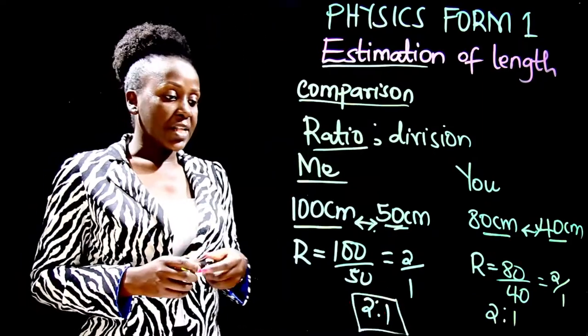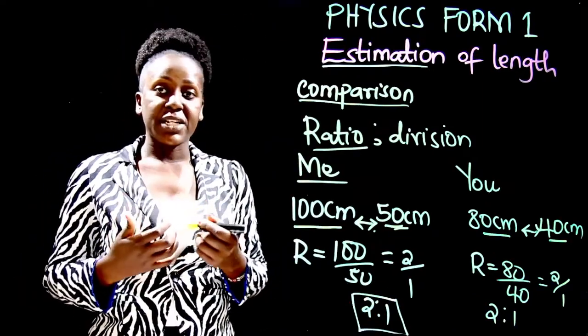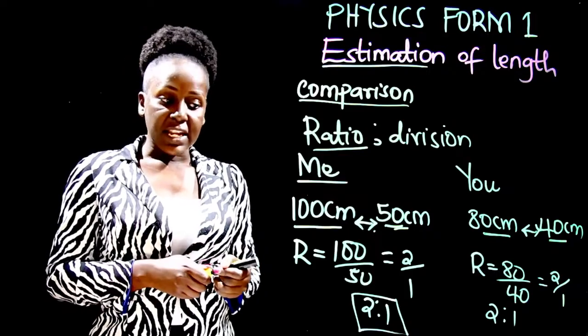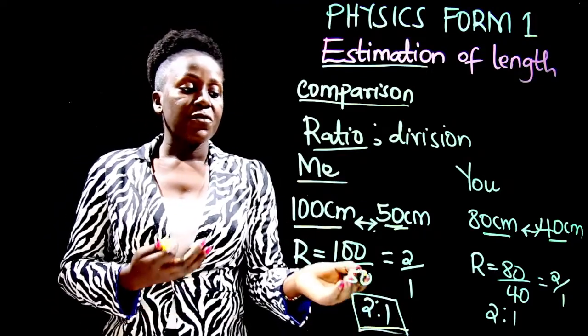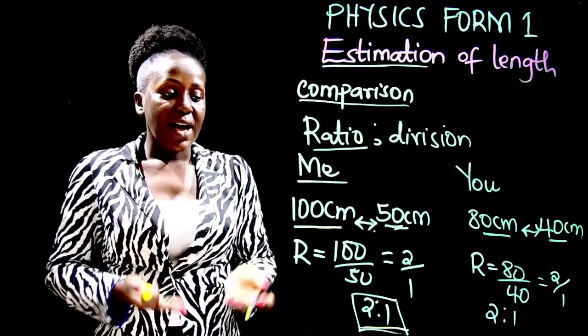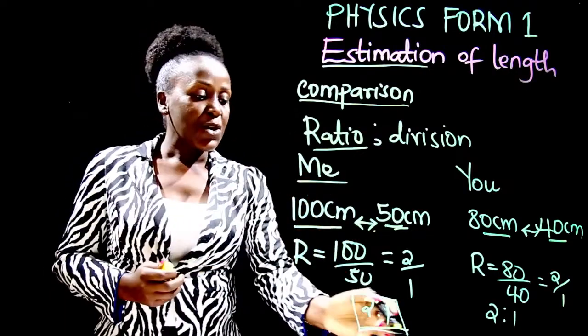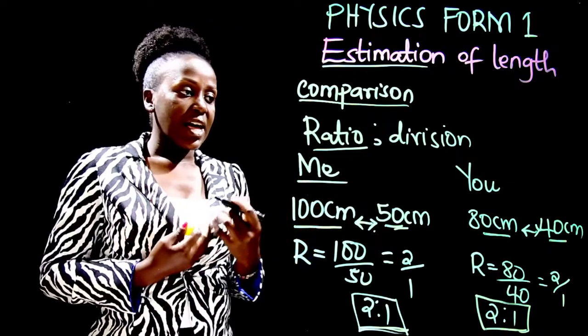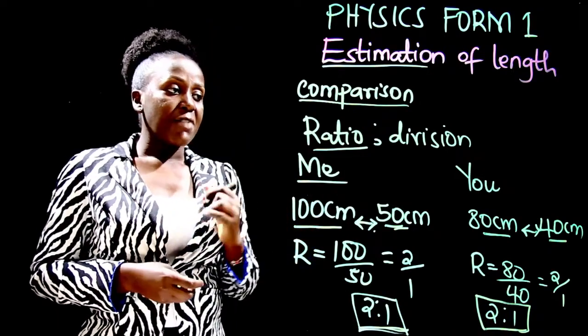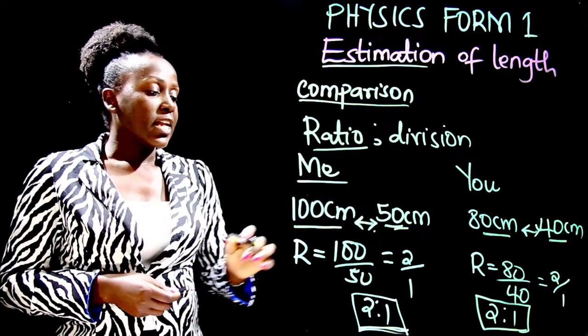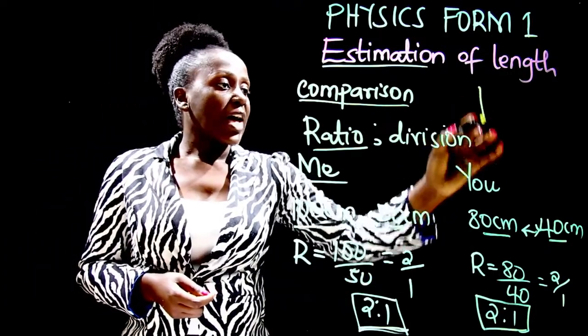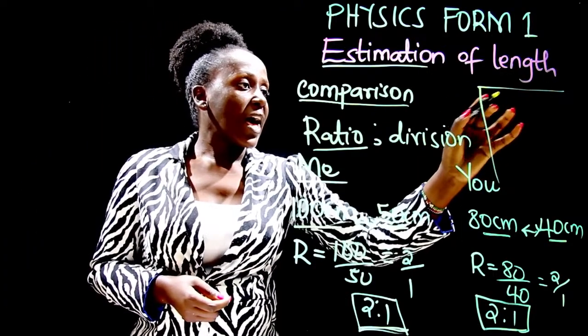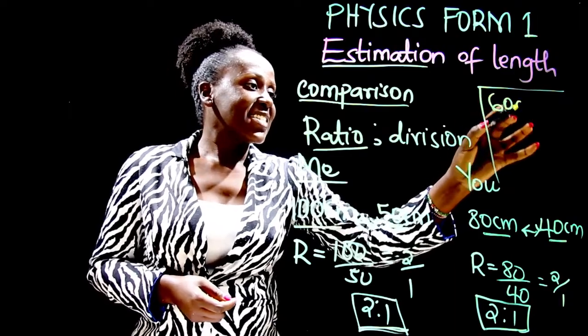Now, do you notice that as long as we are both subjected to the same light, then the ratio of us and our shadows will be the same, okay? Now, what if we had a third person? Let's say we have a friend whose height is 60 centimeters.